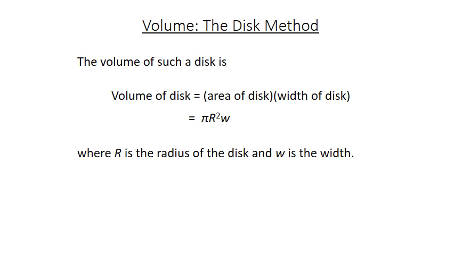The volume of this disk is the area of the disk, which is pi r squared. The area of a circle is just pi r squared, where the radius is r, times the width of the disk, which is represented by W. So this formula is going to be very helpful to us.